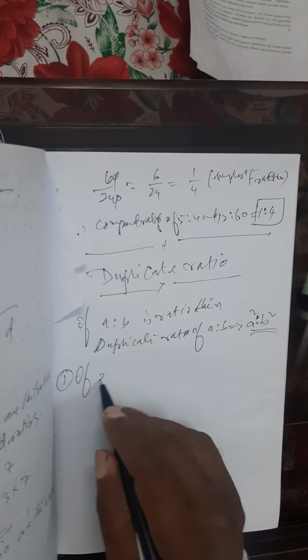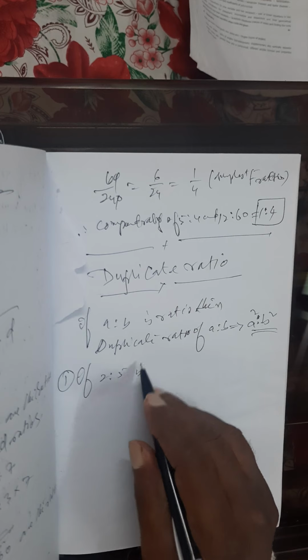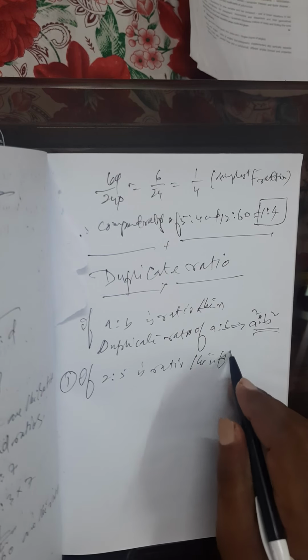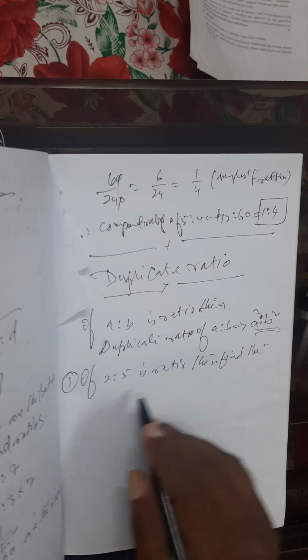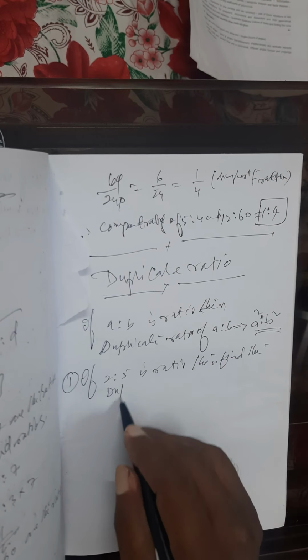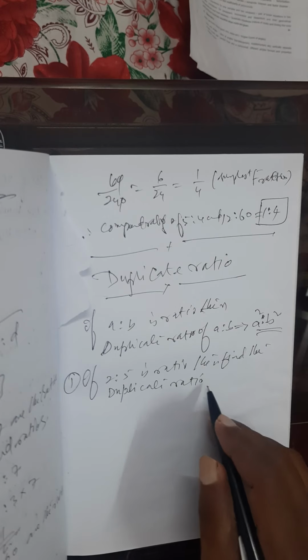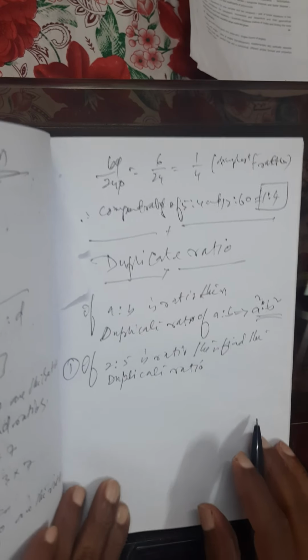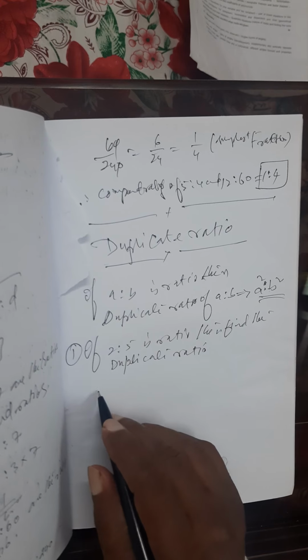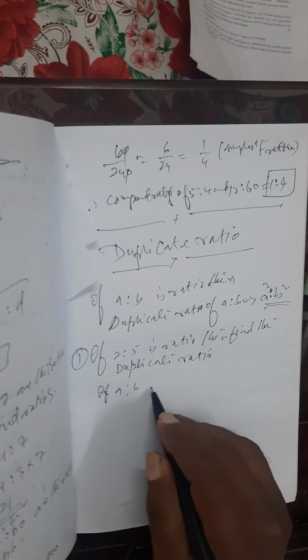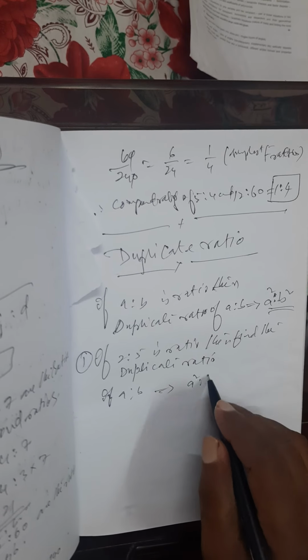If 2:5 is a ratio, then find the duplicate ratio. Here what we have to do, again we know that if A is to B is there, duplicate is A square is to B square.